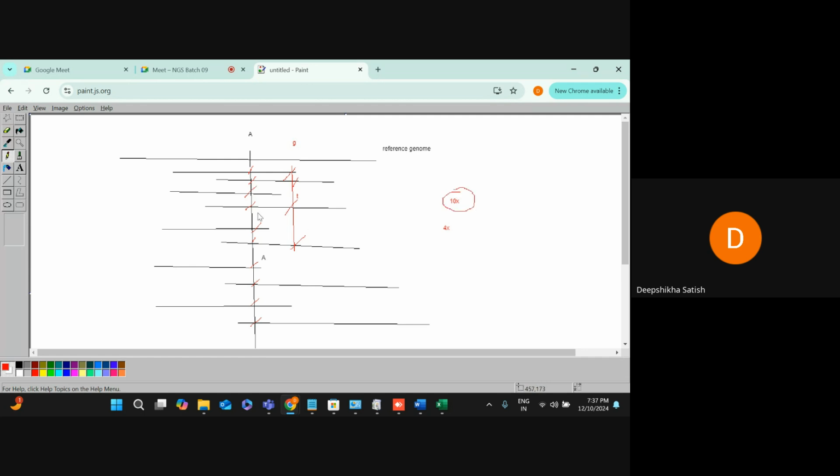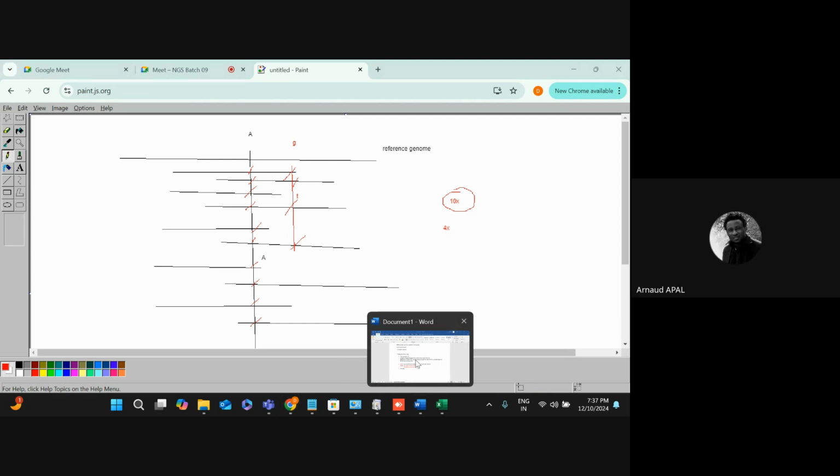You can see on this position adenine was read 10 times, right? So for this particular read, this is 10x depth, right? But here you can see on this position the T was called 4 times, that is why I have written 4x depth. Okay, clear?